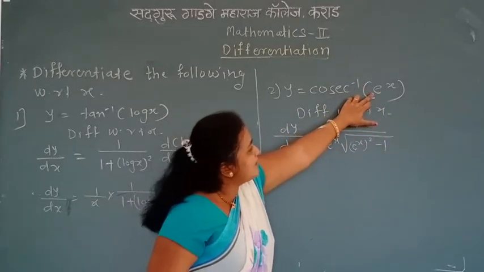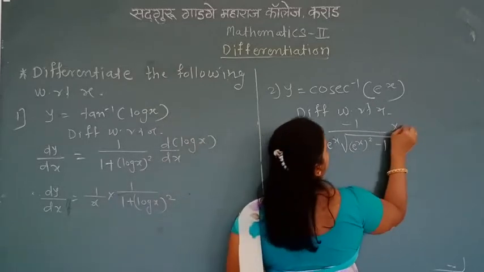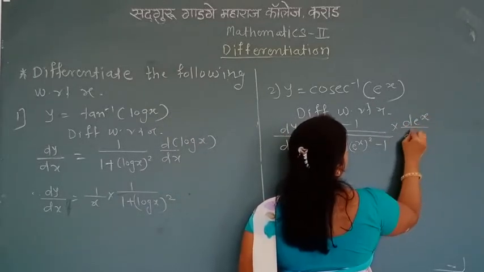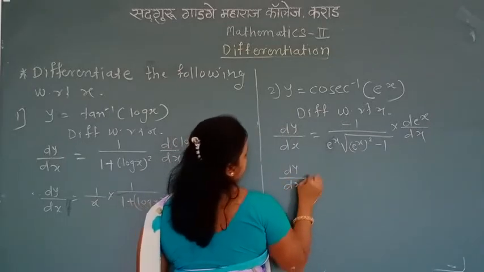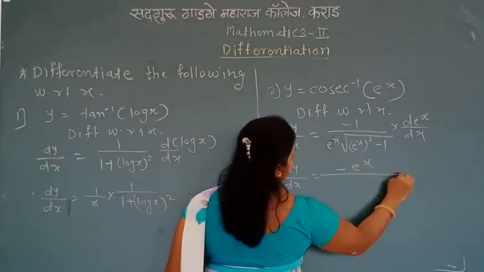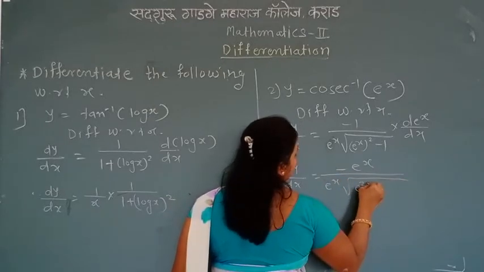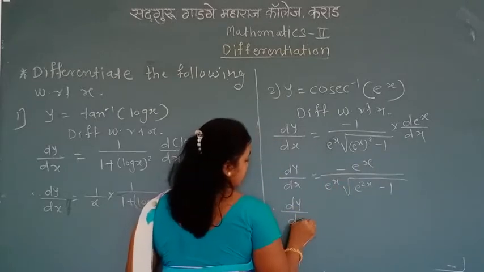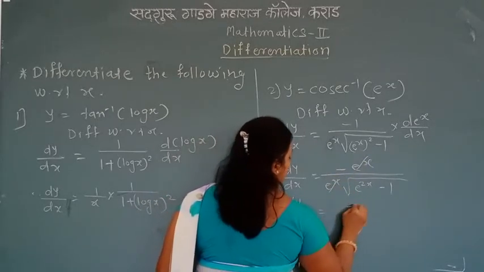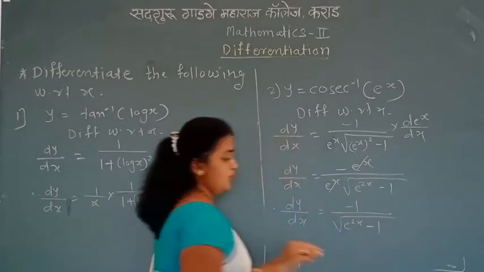So here x is replaced by e raised to x, and again the derivative of e raised to x with respect to x. So we get the final answer: dy by dx is equal to minus e raised to x divided by e raised to x square root of e raised to 2x minus 1, which is cancelled. So dy by dx is minus 1 upon square root of e raised to 2x minus 1.